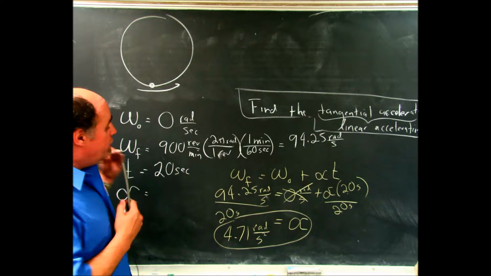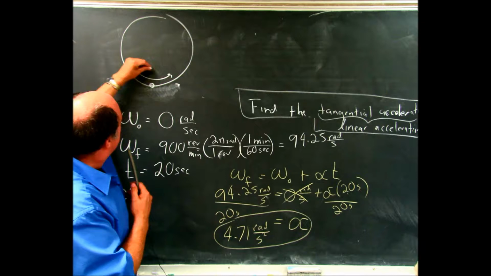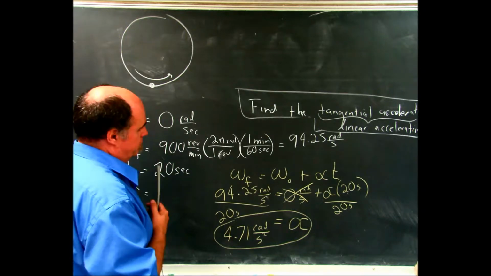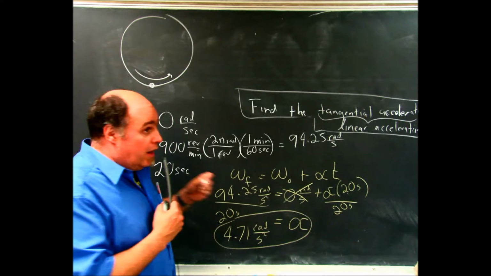But what about the linear pieces here? We know the angular speed was 0 at the beginning and 94.25 at the end, and we want to figure out the linear acceleration based on the angular.